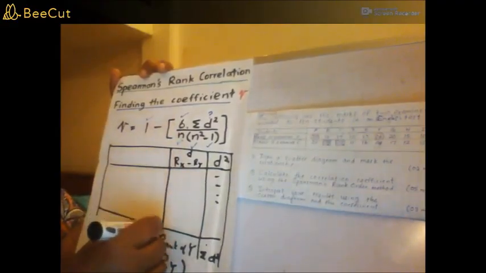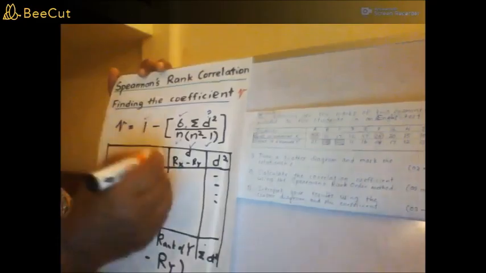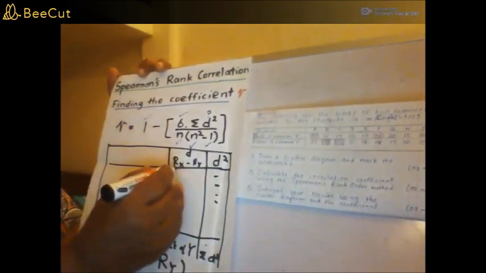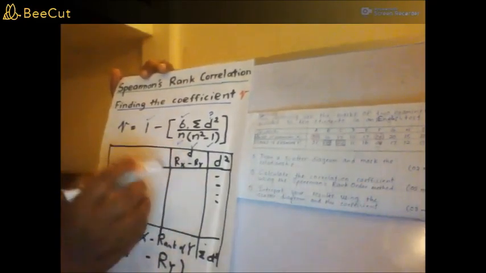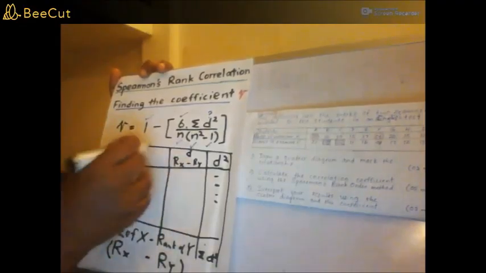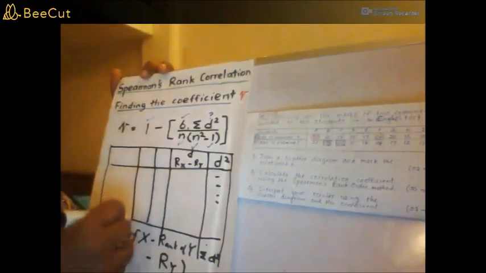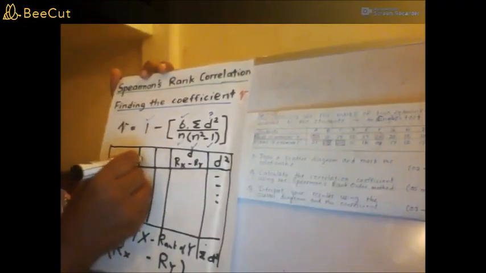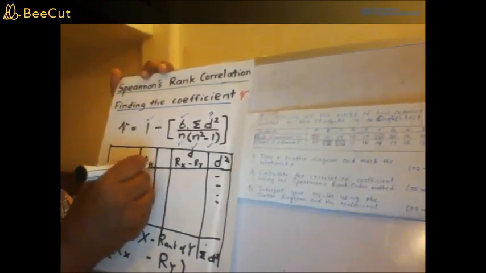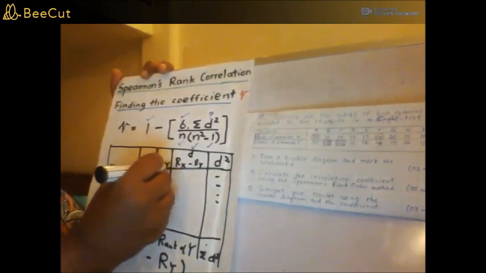That will be our next column. And to get this d, we have to find rank of x and also rank of y. So we need two more columns here: rank of x and rank of y.